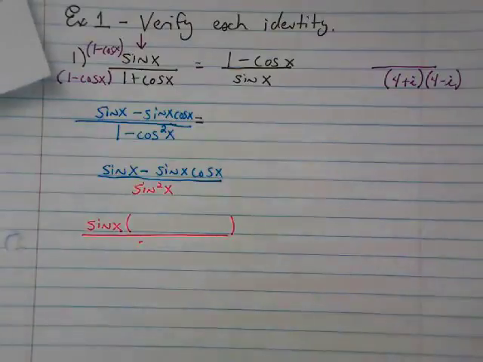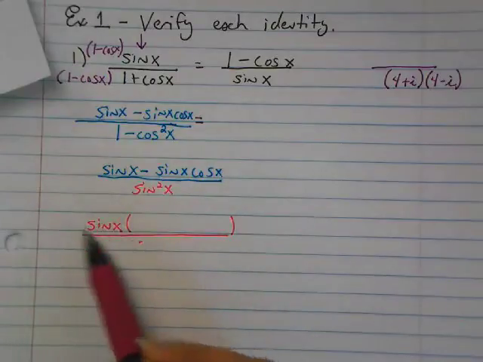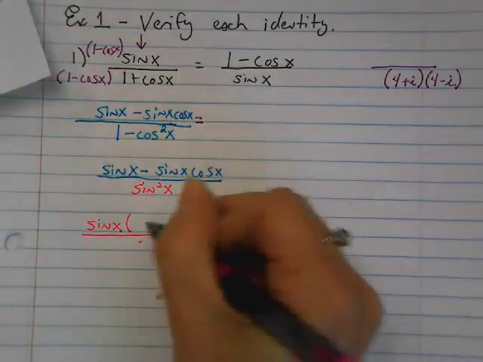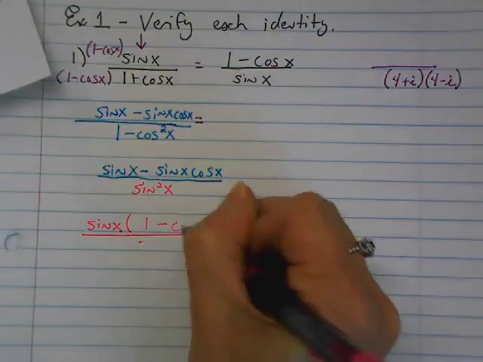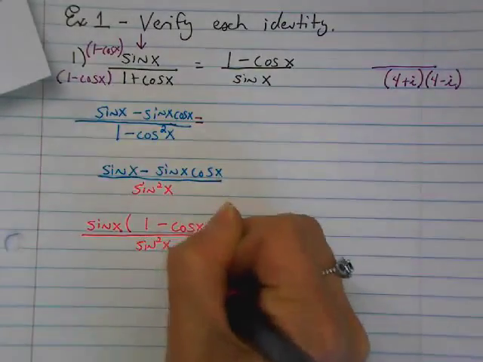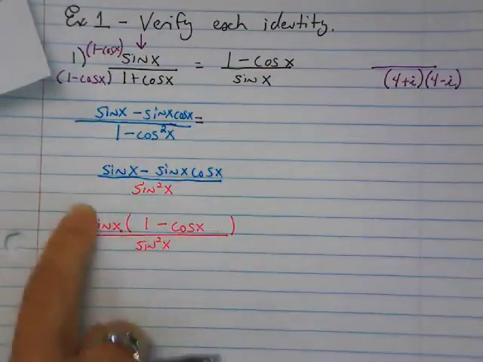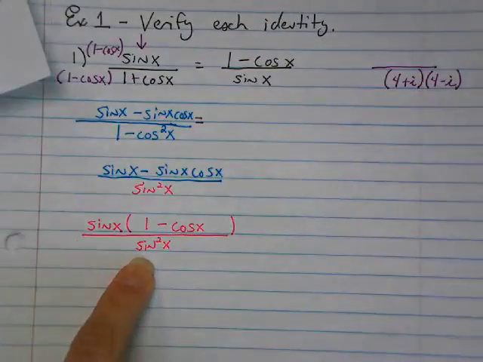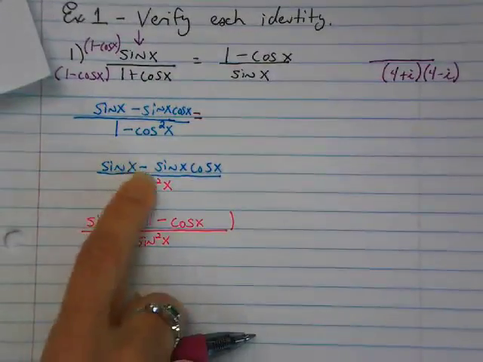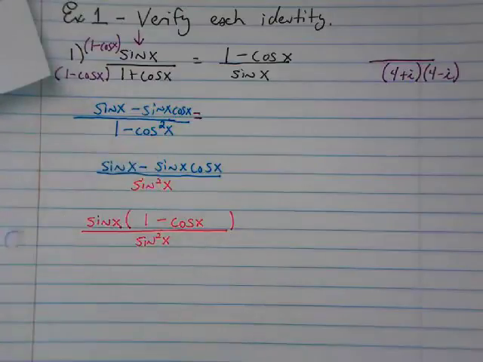These do have a sine in common. So let's factor out the sine, and I get 1 minus the cosine of x over sine squared x. Now that I have factored it out of its family, I may now simplify. If you have an addition, you can't cross things out unless you factor something out.